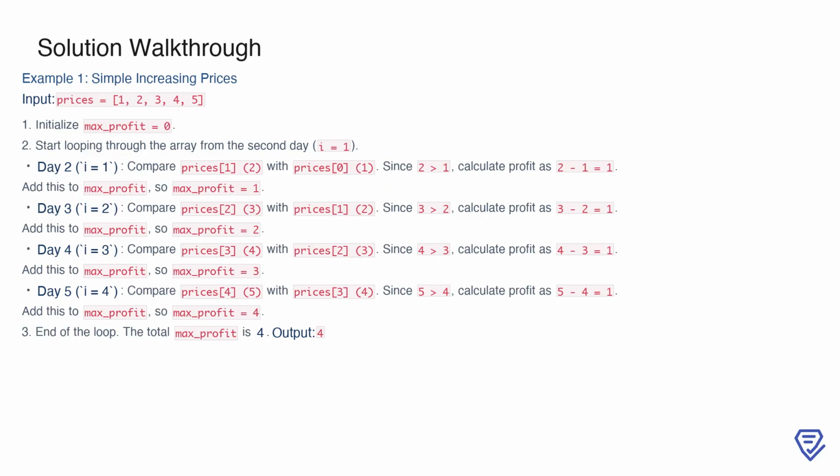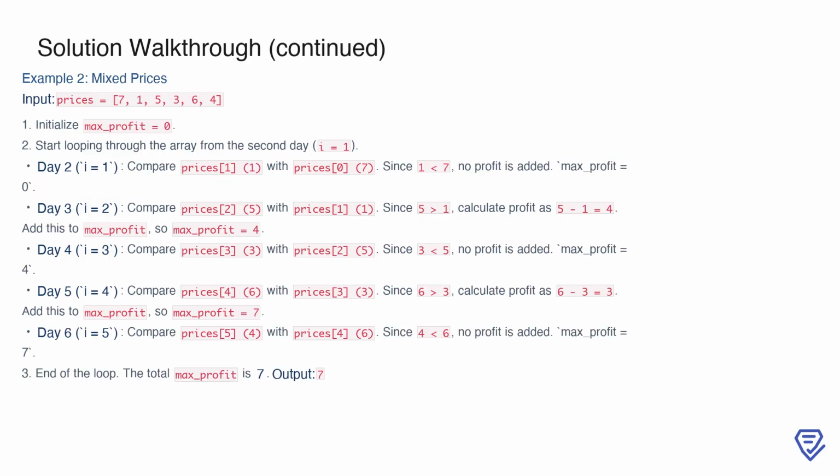The difference, 4 - 3 equals 1, is added to max_profit, making it 3. Finally, on day 5, prices[4] is 5 and prices[3] is 4. Since 5 is greater than 4, we calculate 5 - 4 equals 1 and add it to max_profit, bringing the total to 4. At the end of the loop, the total max_profit is 4, which is the output for this example.